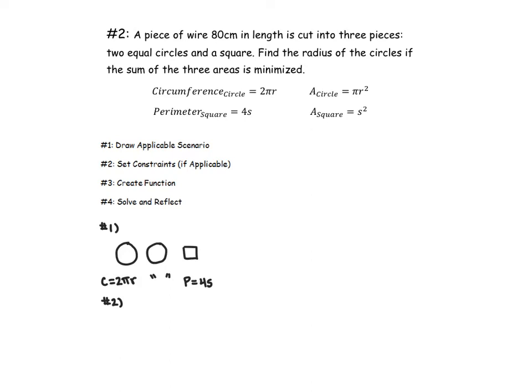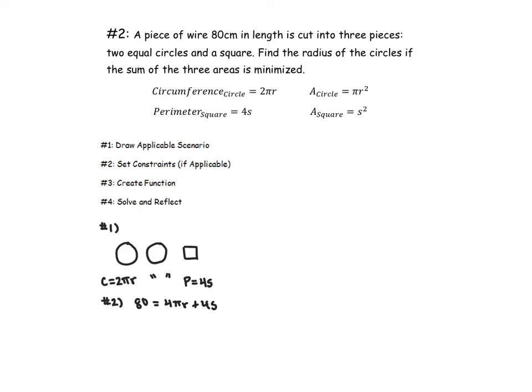I just know they have to be positive. But I do have one specific constraint. I know that 80 is the total of the perimeter of those 3 objects. So since I have 2 circles, it'd be 4 pi r plus 4s. So I know 4 pi r plus 4s is equal to 80.